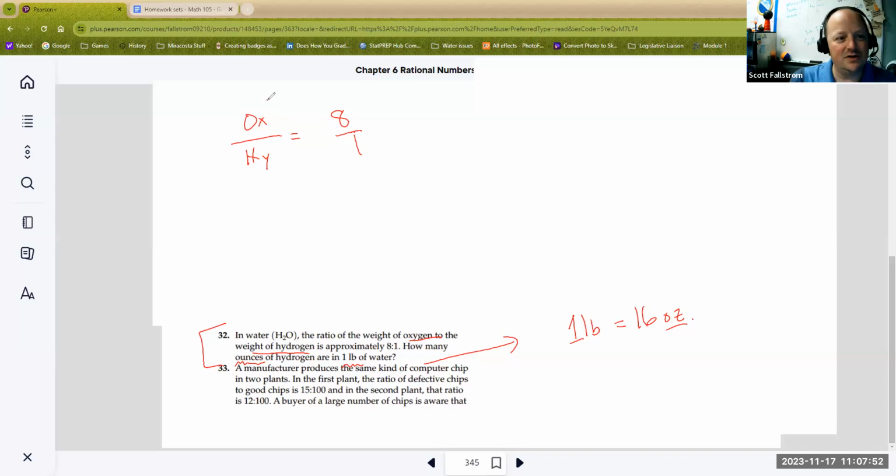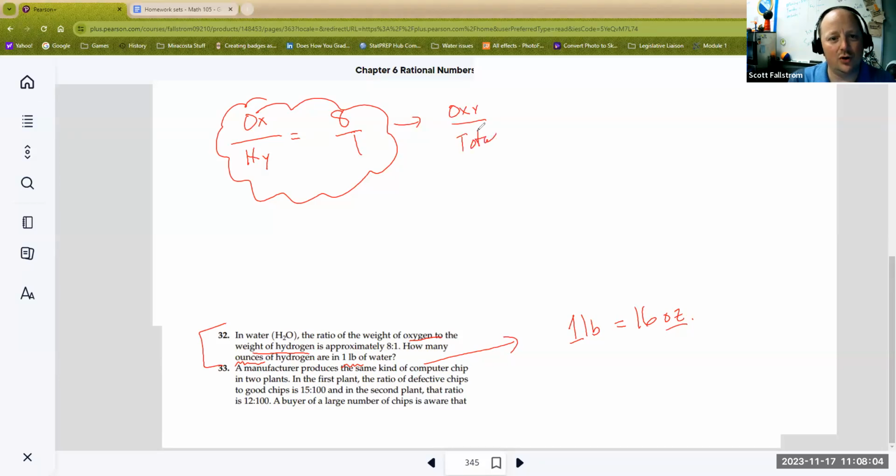Okay, but now notice this ratio here. This ratio is part to part, oxygen to hydrogen, not part to total. So if I came over here, oxygen to total would be 8 parts oxygen to the 8 and 1, 9 parts total, which means hydrogen would be 1 part hydrogen to 9 parts total.